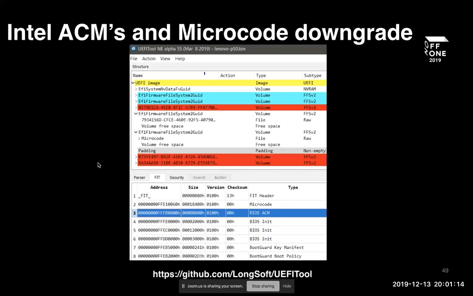Intel ACMs and microcode downgrade are also a big problem on x86 because it boots very early, and some of the parts of the root of trust for Boot Guard and BIOS Guard are tied to ACMs, which is not covered by Boot Guard. Some of the old platforms have a really easy way to downgrade it.